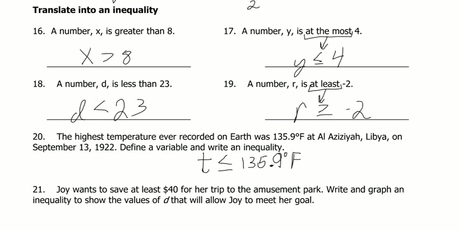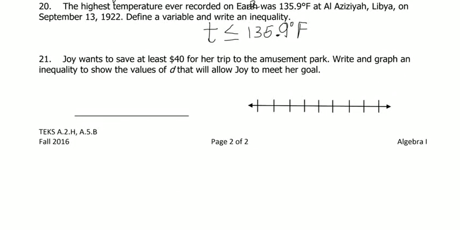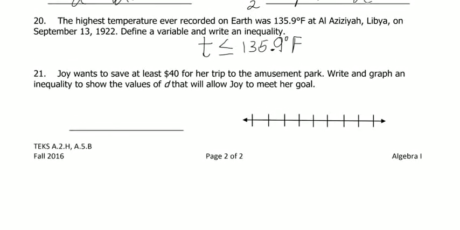Next, we've got Joy, who wants to save at least $40 for her trip to the amusement park. Write and graph an inequality to show the values of D that will allow Joy to meet her goal. She wants to save at least $40. She'd be okay with $40, but she would prefer more.